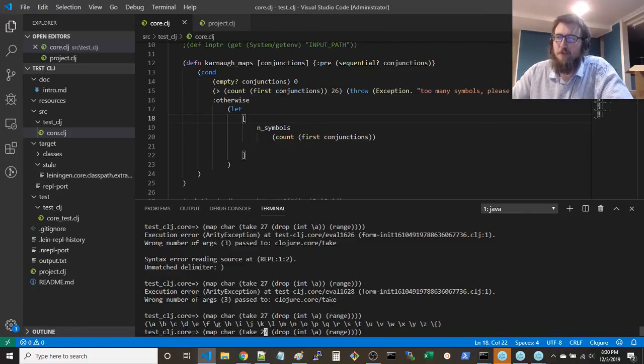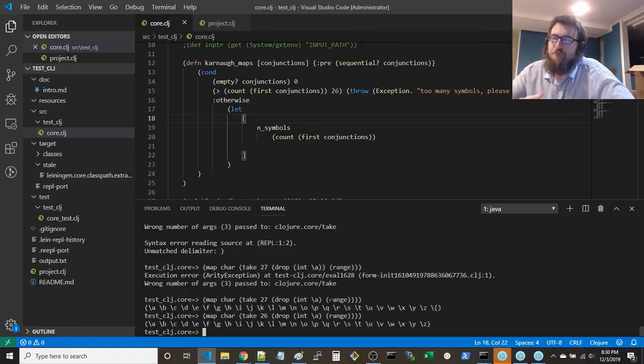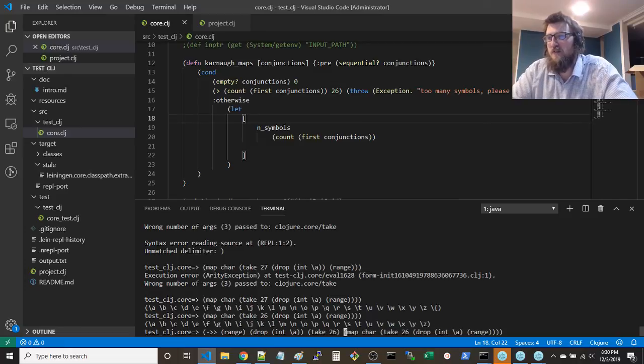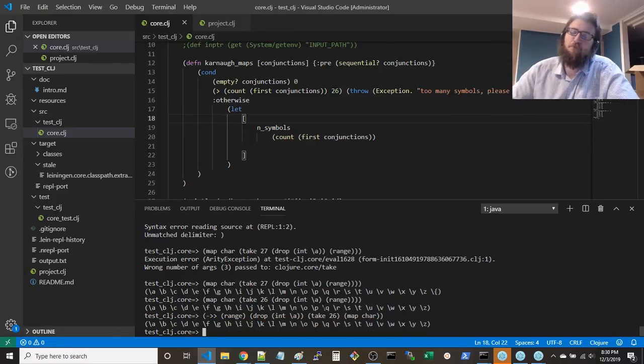Okay, you can probably see where I'm going with this. Right, this drops to 0, so we don't need the decrement in there. So what I want to do is range, drop into A, take 26 and then map the character. All right.